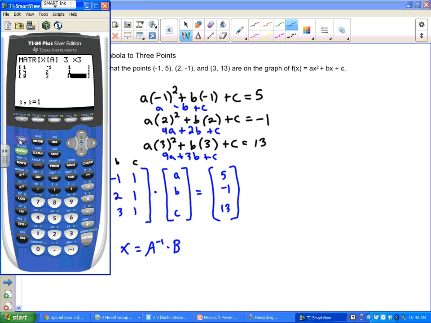And then you go in and edit the other matrix. So this is 5, -1, 13. And the great thing about this is because the last thing I did was A inverse times B, I can just press enter and look, that's our new answer. 4, -6, -5.